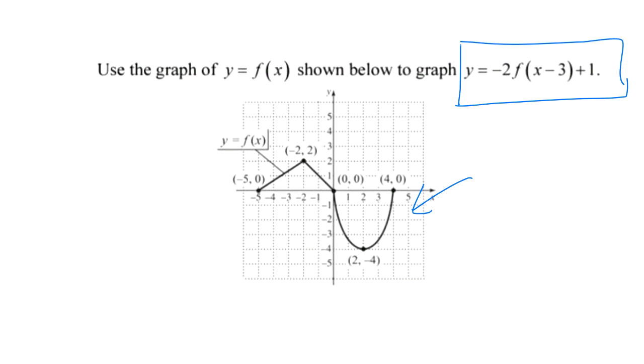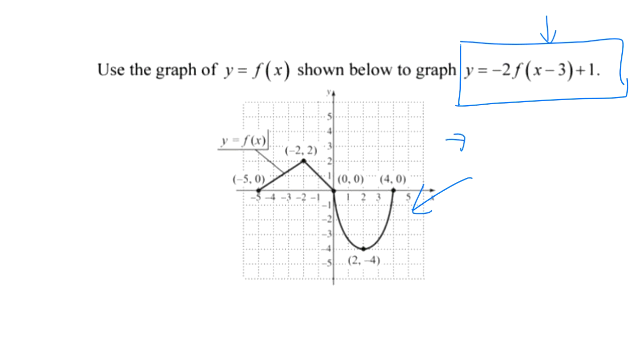So the thing is, you want to know, where do I start first? What transformation goes first? We kind of follow the order of operations when we do this type of transformation where there's everything embedded in one. We always use order of operations, meaning that you always start with your parentheses, your horizontal.